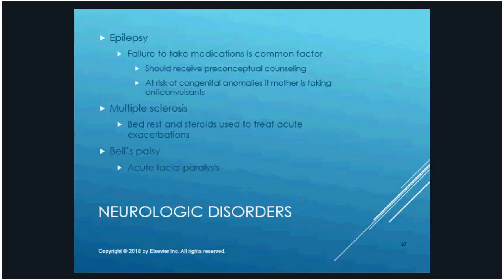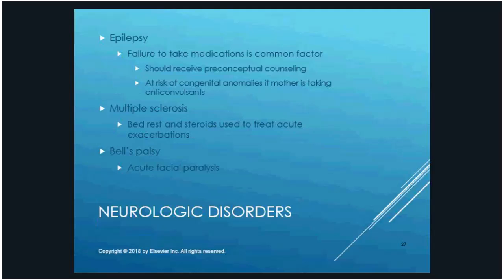Epilepsy: the failure to take medications is a common factor. They should receive preconceptual counseling. They're at risk for congenital anomalies if the mother is taking anticonvulsants. We talked about that before, so anticonvulsants can cause congenital anomalies. MS, or multiple sclerosis, will require bed rest and steroids used to treat acute exacerbations.